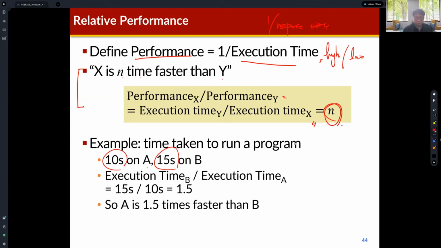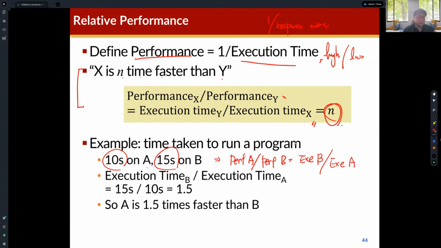You are requested to compare the performance of systems A and B. So how can you compare? Performance A divided by performance B is equivalent to execution time of B divided by execution time of A, right?